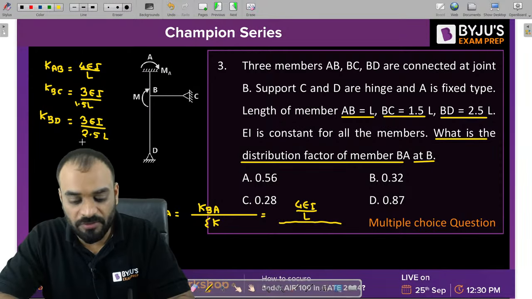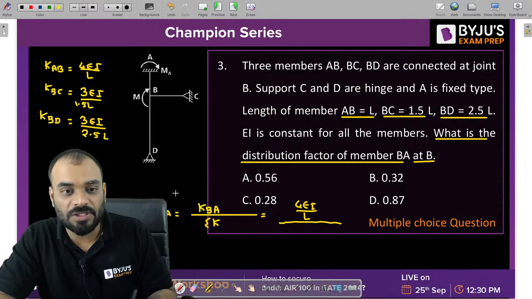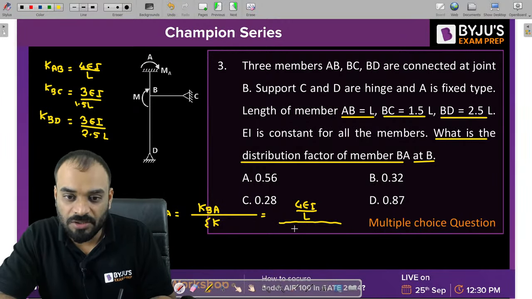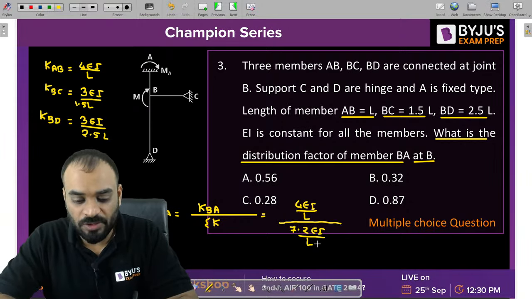So let's add all the values first. 4 plus 3 divided by 1.5, plus 3 divided by 2.5. This value comes around 7.2 EI divided by L. So let's calculate, guys. 4 divided by 7.2, how much are we getting?